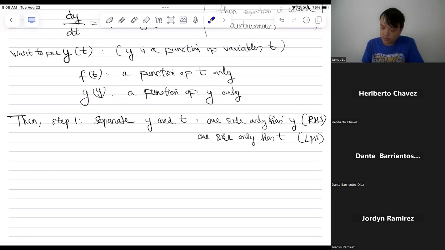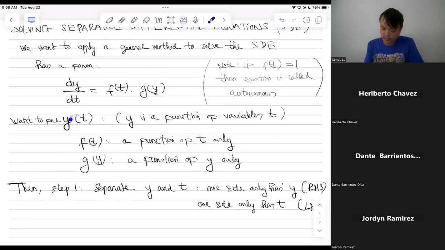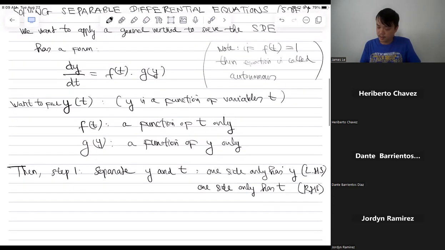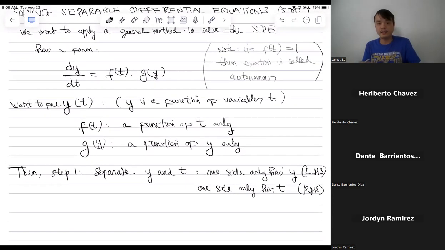Remember, we want to find y of t. So you put y in the left hand side. Putting y in the left hand side is much easier, because you save some steps when solving for y.